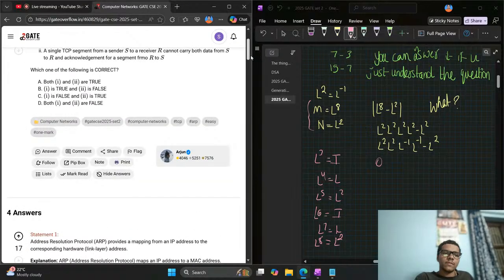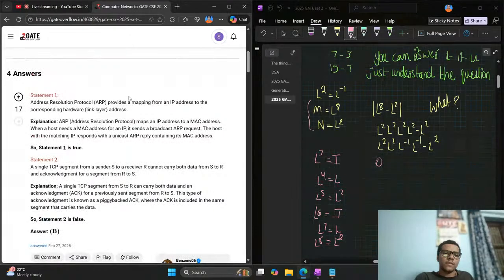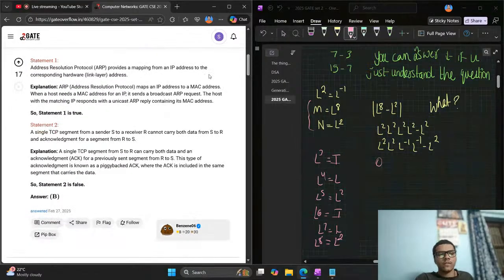Okay, we were quite opposite with that. Address resolution protocol provides a mapping from IP address, ARP, IP address to the MAC address. Okay, when a host needs a MAC address from an IP, it sends a broadcast ARP request. Got it. A TCP segment from piggybacking.